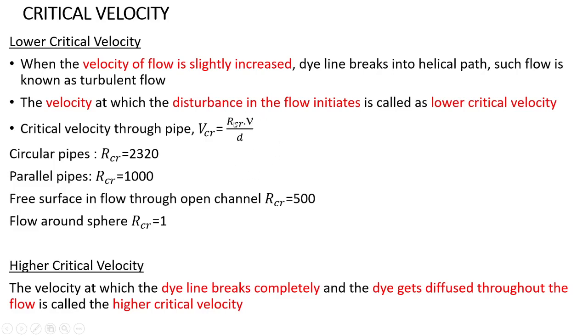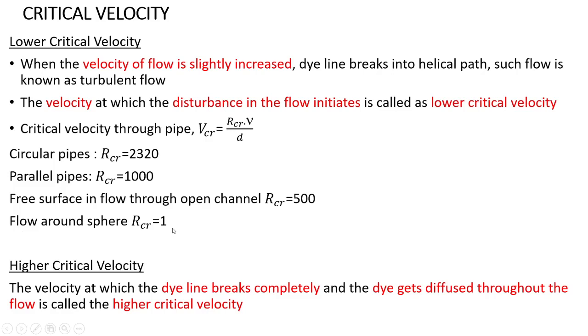Now, the Reynolds number for various cases: for a circular pipe, the Reynolds number is 2320. For parallel plates, the Reynolds number is 1000. For the free surface in flow through open channels, the Reynolds number is 100. And for flow around a sphere, the Reynolds number is 1.